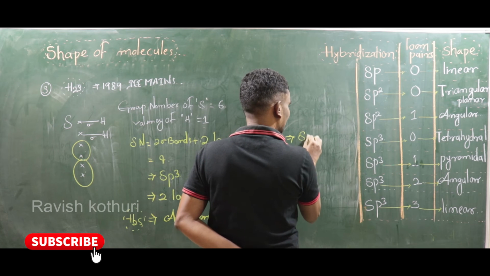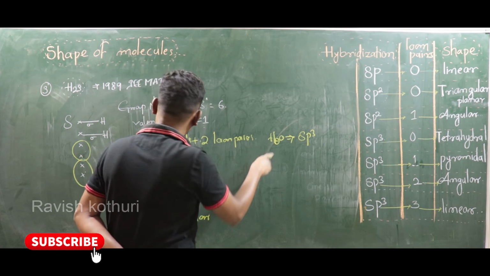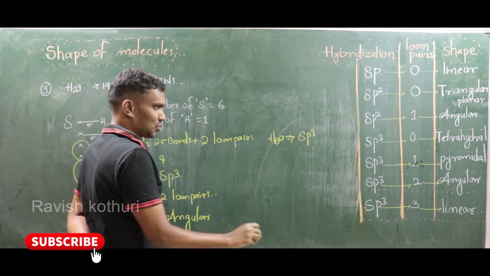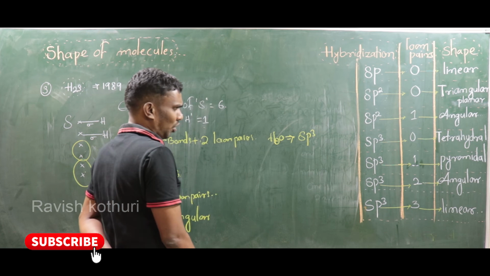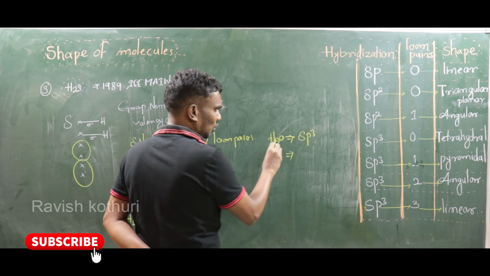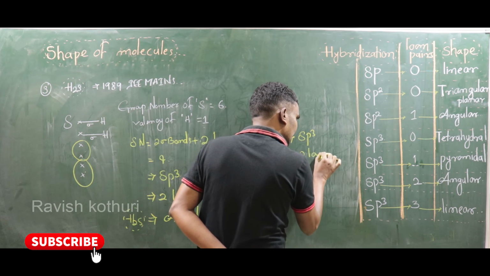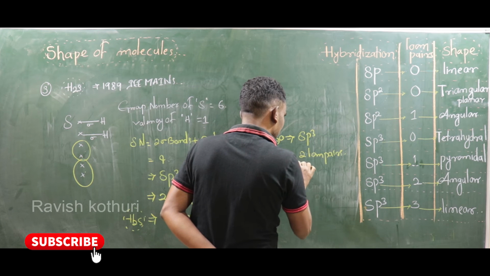What is hybridization? sp3 hybridization. Why? Because sulfur and oxygen are in the same group, so same number of lone pairs and same number of bond pairs. H2O is sp3 hybridization and two lone pairs. So what is the shape of this molecule?